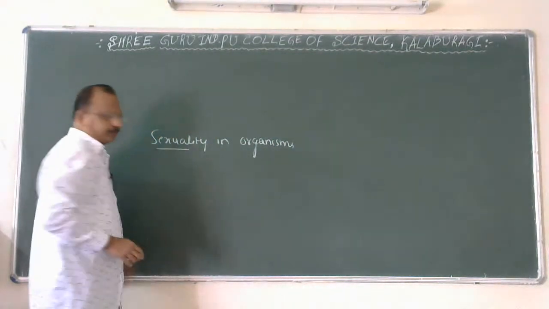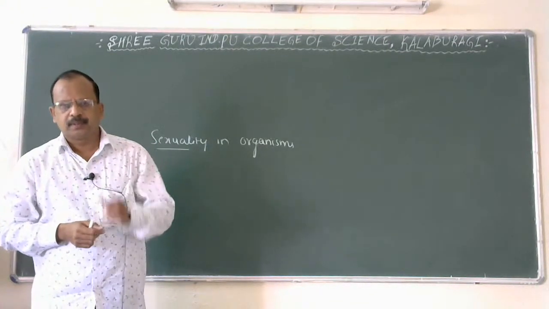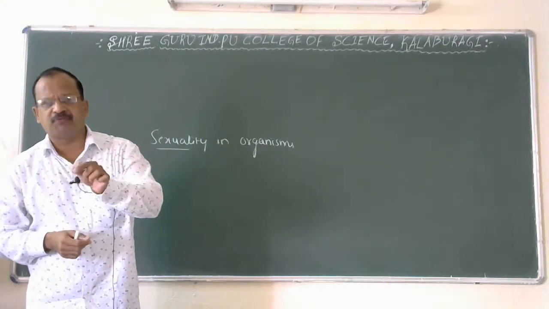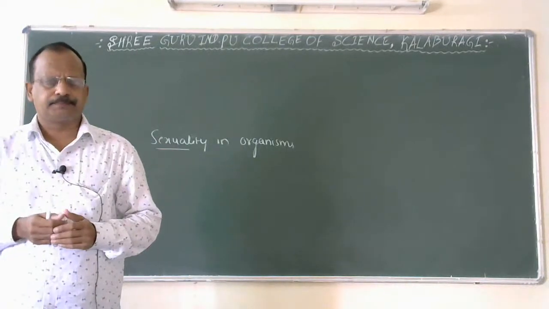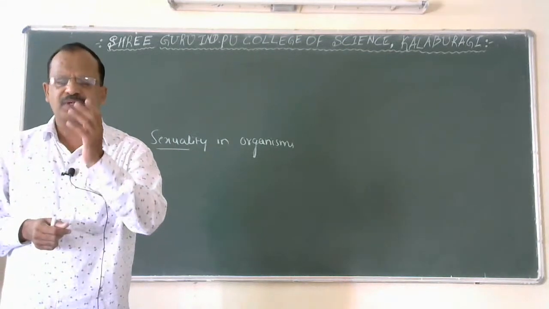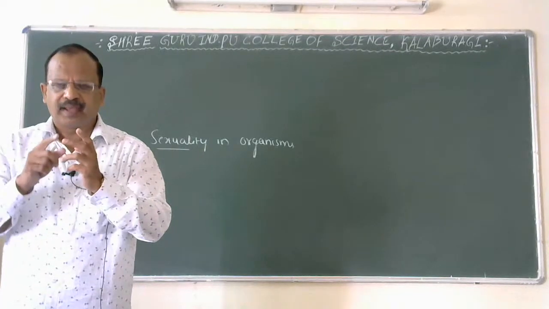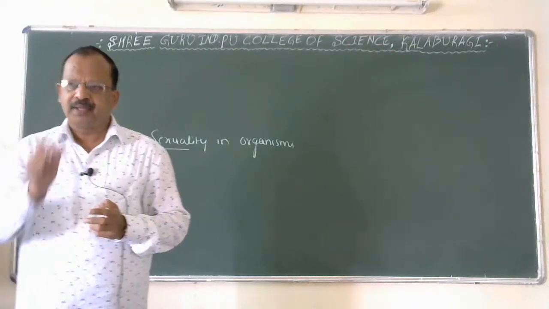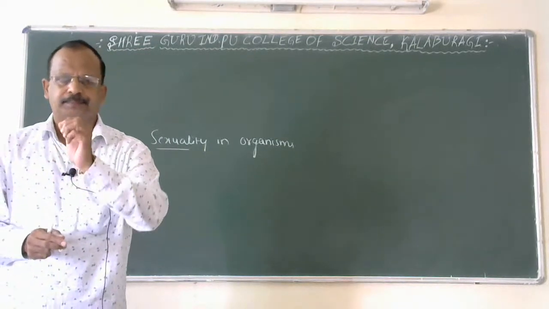In the previous class, I came across the introduction to the second chapter, sexual reproduction in flowering plants. Under that, I covered the definition of flower. A typical flower is composed of four parts: calyx, corolla, androecium, gynoecium. Concerned with androecium and gynoecium, I covered the introduction.